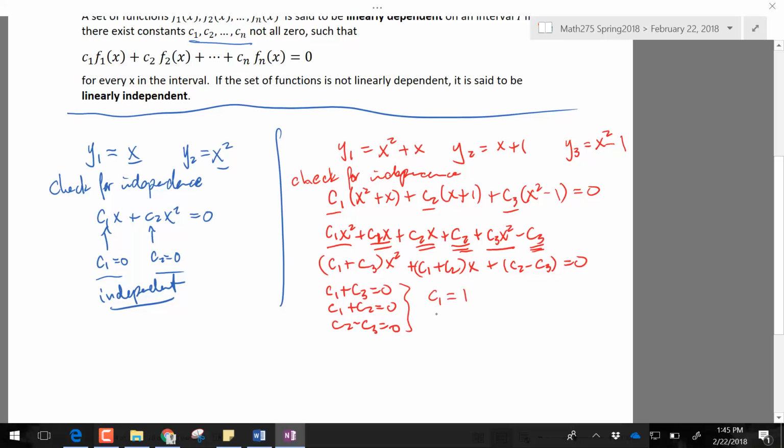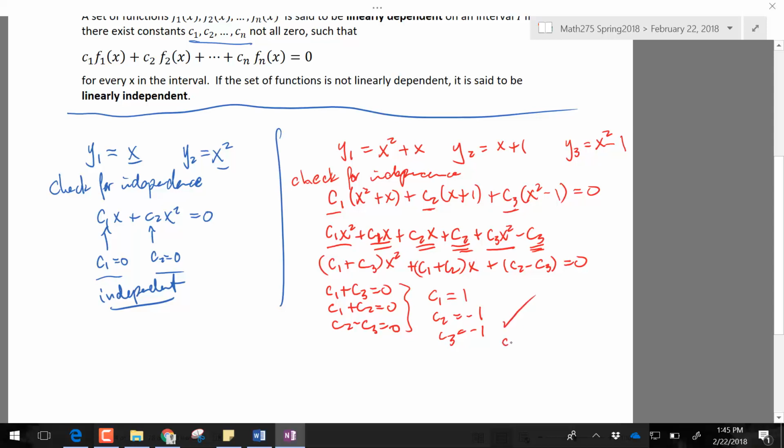So C1 equals 1, C2 equals -1, and C3 equals -1. Oh, it just looks like a 2. It's really a 1. Is this going to work? If this is +1, this is -1, and this is -1.